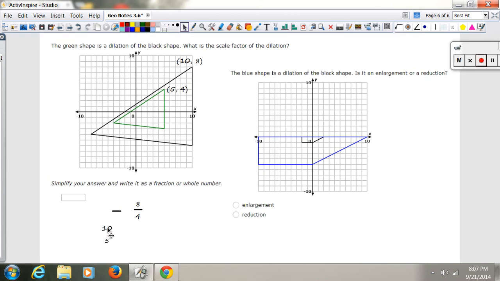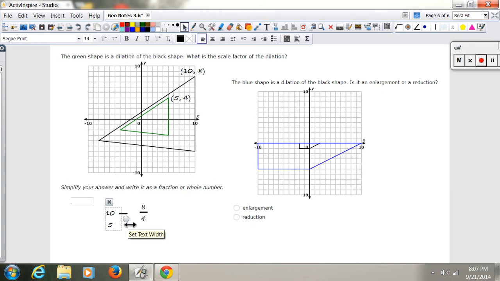So that means it's going to be the opposite way around. It's going to be the 5 on top of the 10, and the 4 on top of the 8.